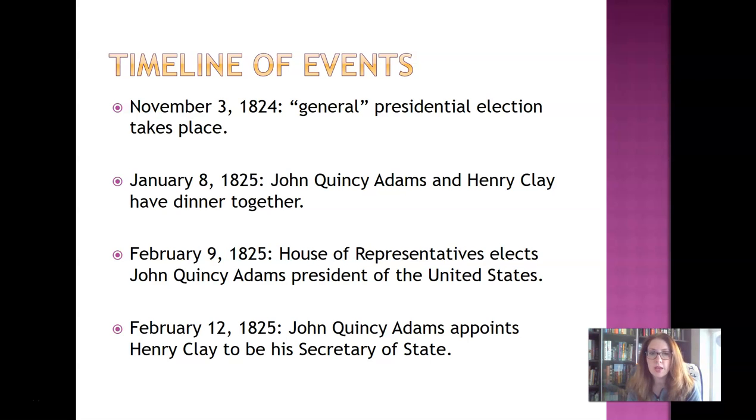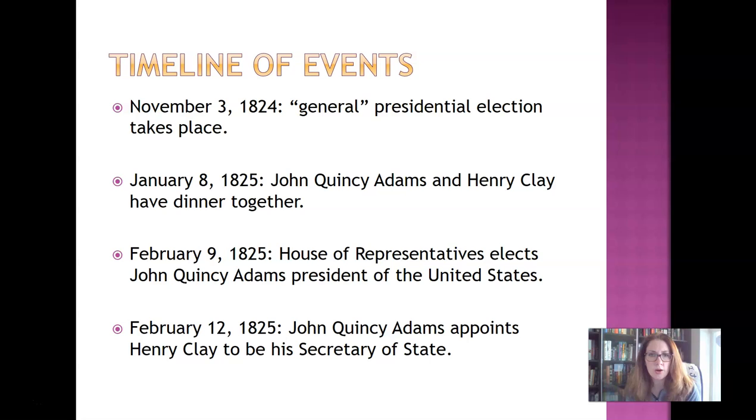And so this enrages Andrew Jackson and his followers, his supporters, and they say that this is a corrupt bargain, insinuating that Clay and Adams had conspired together. Because really, if you look at a map of the way the House of Representatives voted, really only 2 states flipped, and that was Ohio and I think maybe Indiana, states that had previously gone for Clay that now went for Adams.